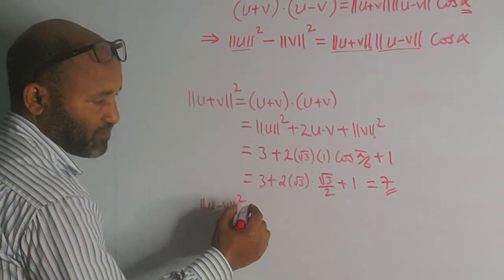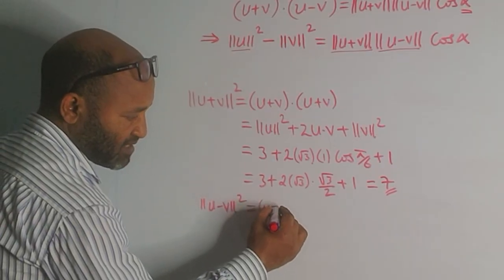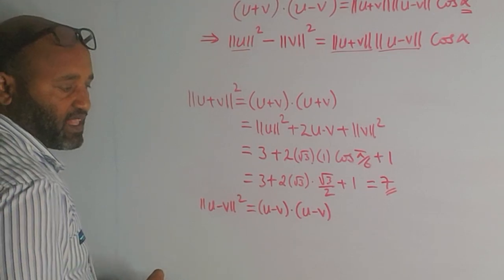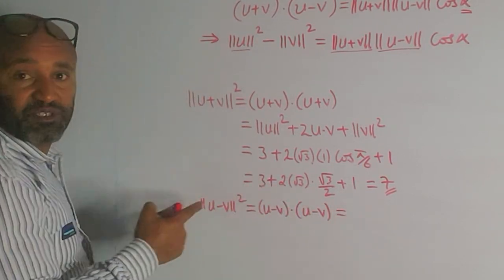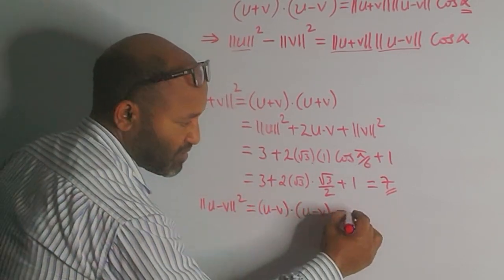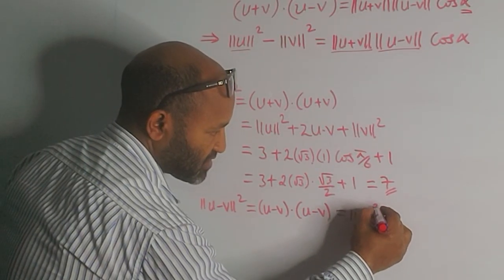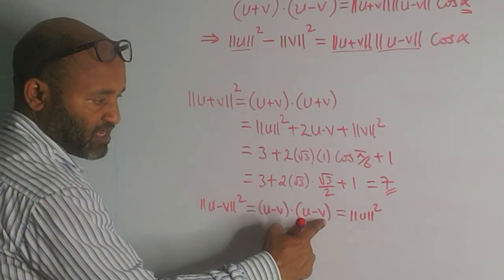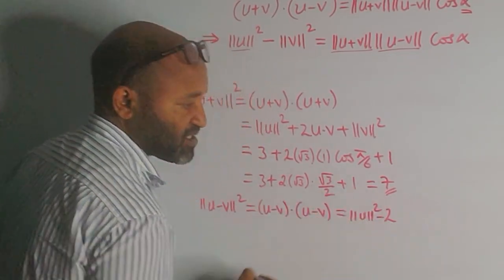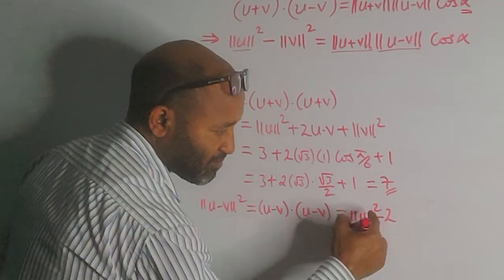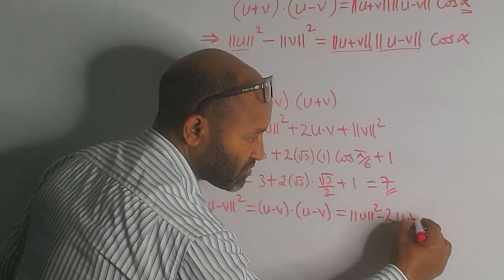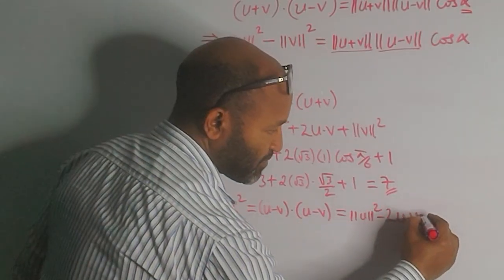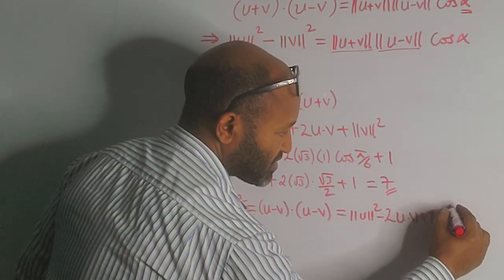That is u minus v dot u minus v. Then when we distribute dot products, u dot u, magnitude of u square, minus v dot u, minus 2 times u dot v, minus v dot minus v plus magnitude of v square.